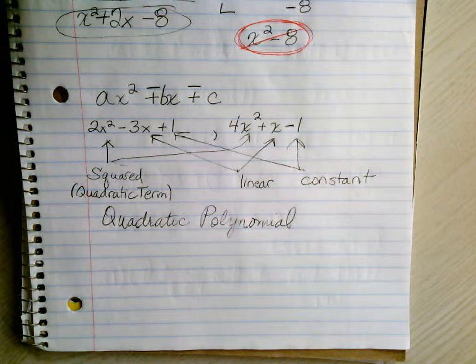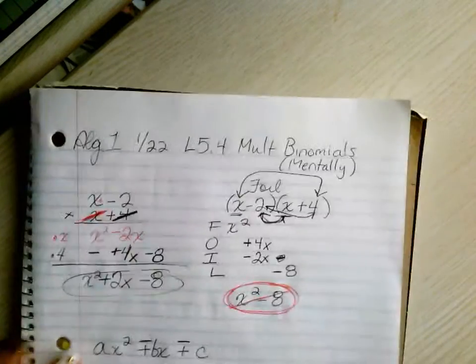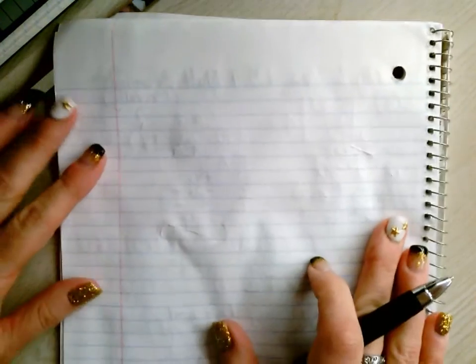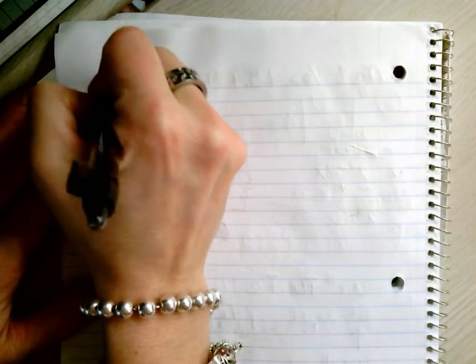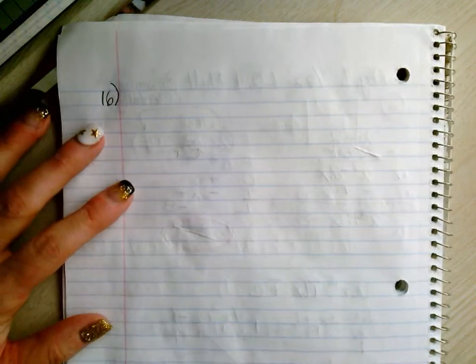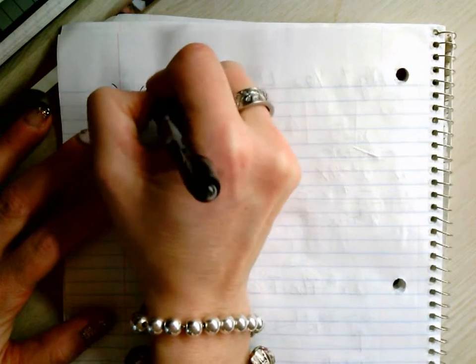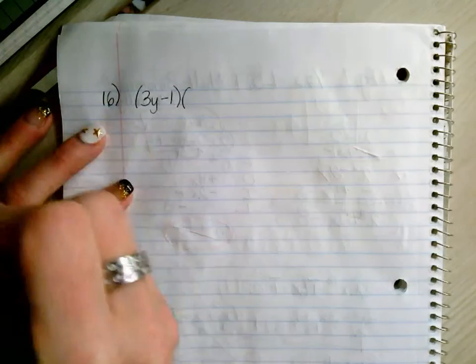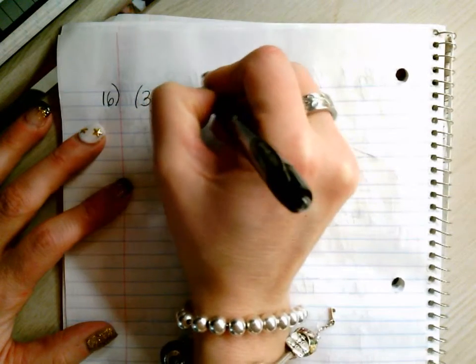All right, let's do a couple of examples from the oral, okay? And then I'll let you guys practice. I want to do 16, 17, and 18 with you, okay? Here's 16. This is from the oral, okay? (3y minus 1) multiplied by (y plus 3).